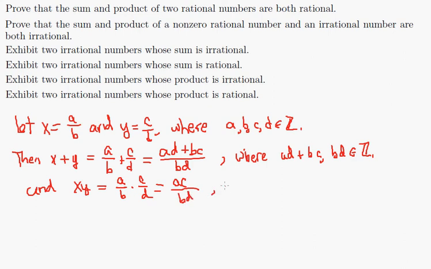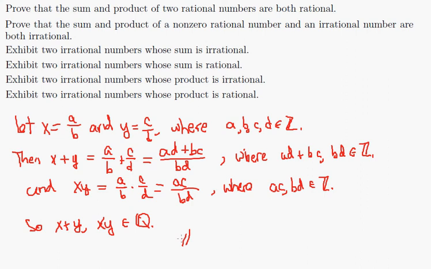And once again, that is also one integer divided by another integer, because the numerator, the product of two integers, and the denominator, the product of two integers, are also both integers. So the sum, x plus y, and the product, x times y, are both rational numbers. And so that's the end of the proof for the first part.